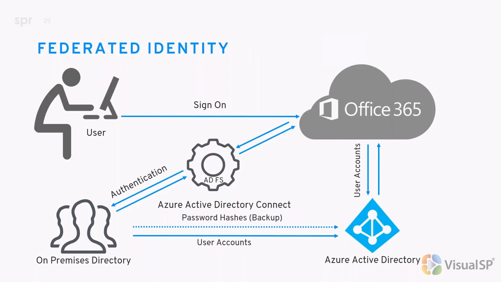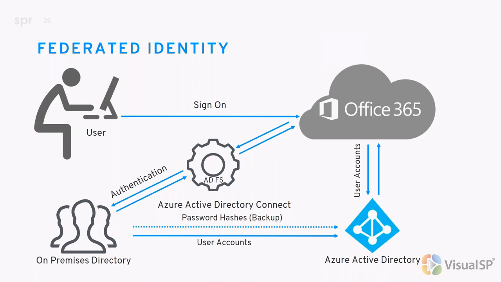With a federated identity, it's a little bit more interesting because in this case, just like in the previous one, the user account information and password is stored in your on-premises directory, but it's not actually replicated to Azure Active Directory except as just a backup.